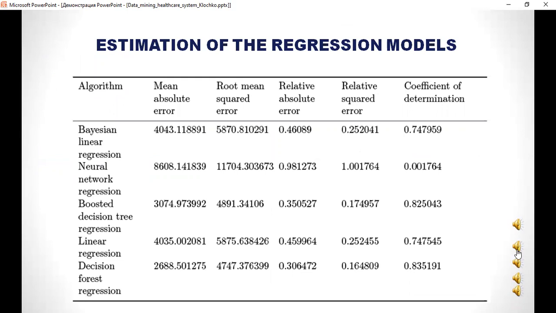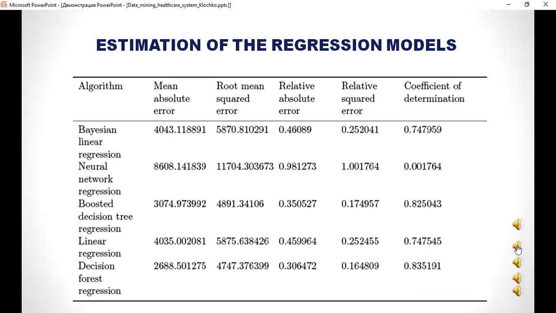Let's analyze the obtained results of the construction of regression models on the basis of comparative statistics. According to the mean absolute error, the closest to the actual data prediction was built using the decision forest regression algorithm, 2628.5, and boosted decision tree regression, 3074.87.